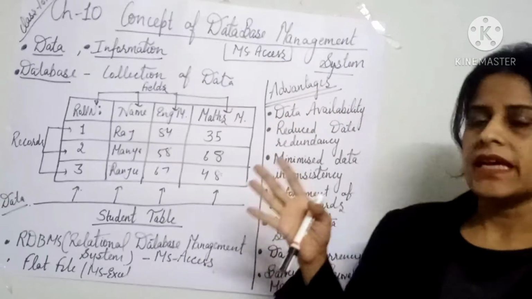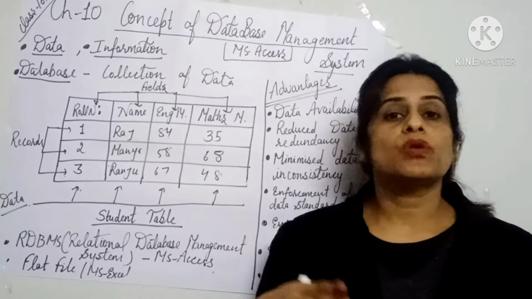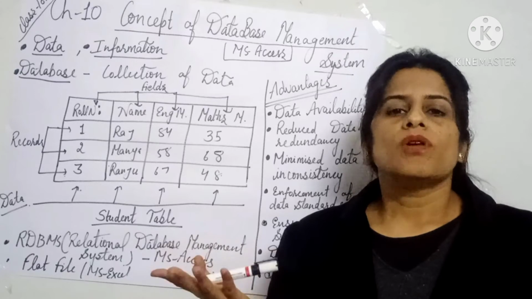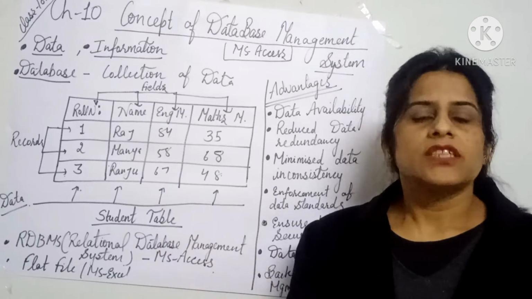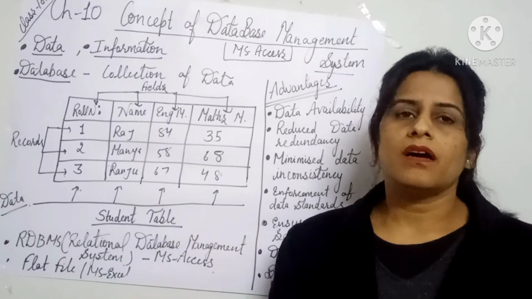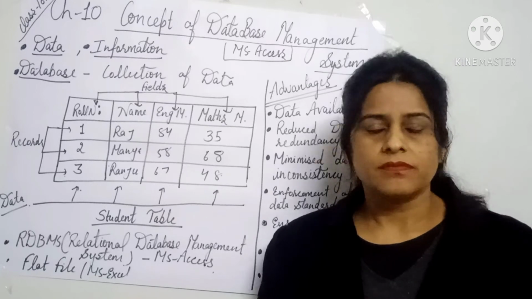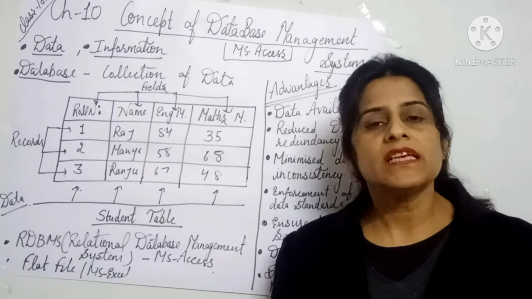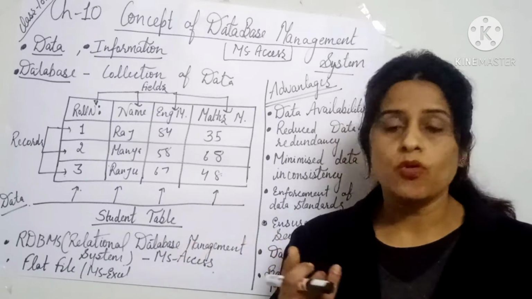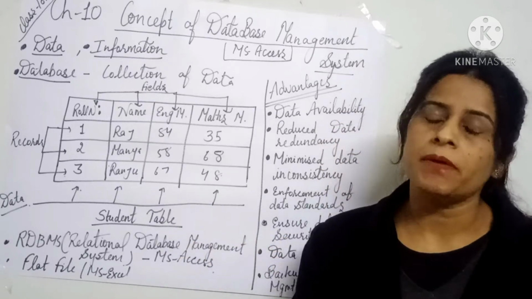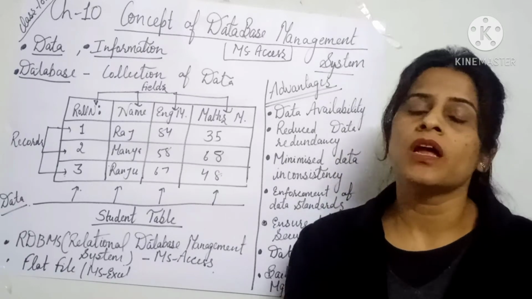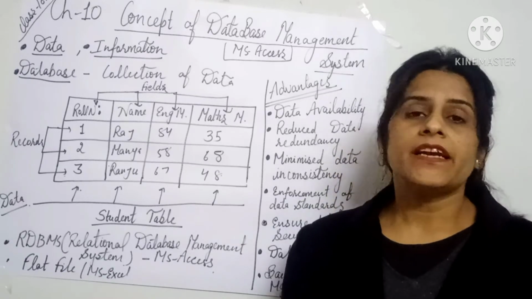In MS Access, you can create many tables related to your general life problems. For example, in your school, you are using the DPS software, DPS panel. In the DPS panel, there are many tables related to the account office, teachers, student information, library, and accounts.